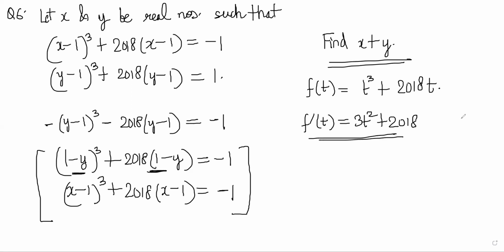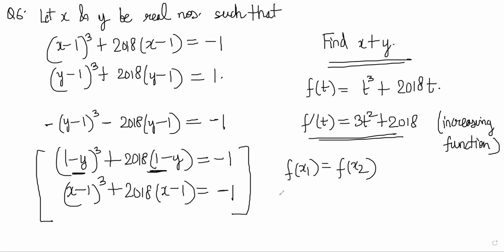So we know that it's an increasing function, because f dash t is always positive. The derivative is always positive. So f of t is an increasing function. And if f of t is an increasing function, what is the meaning of increasing function? f of x1 is equal to f of x2 will happen only if x1 is equal to x2, right?